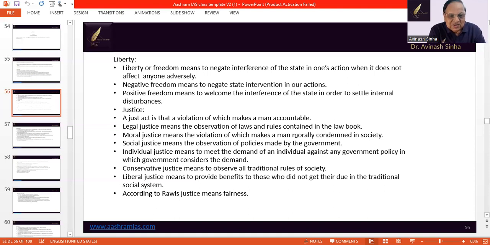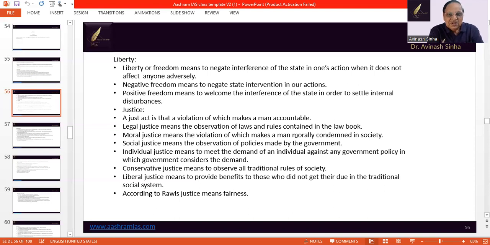Individual justice means to meet the demand of the individual against any government policy in which government considers the demand, and consequently government makes certain changes here and there.